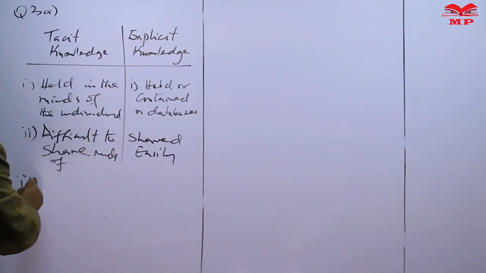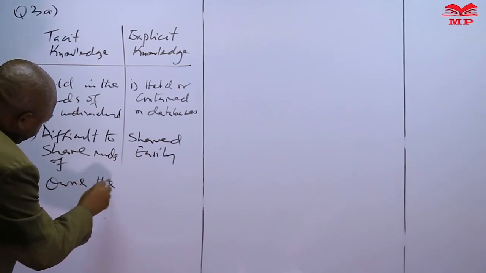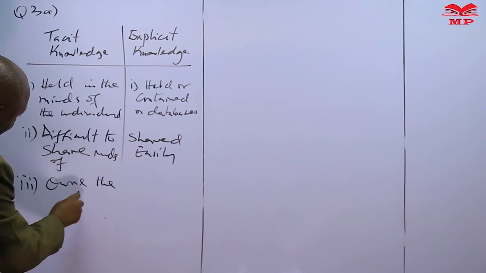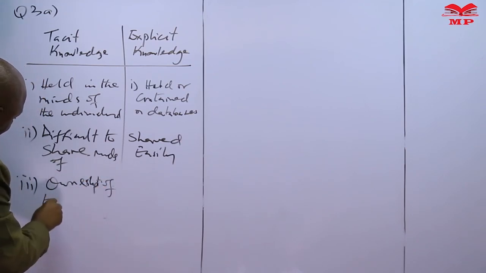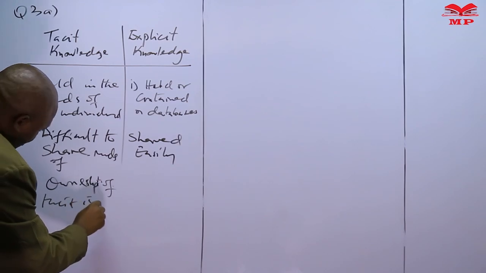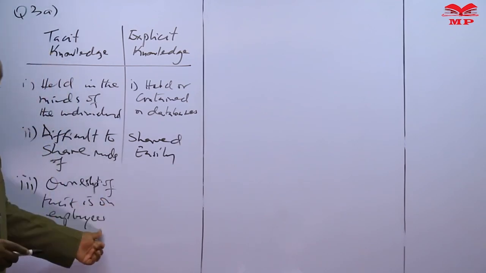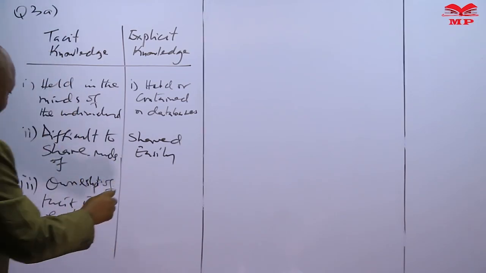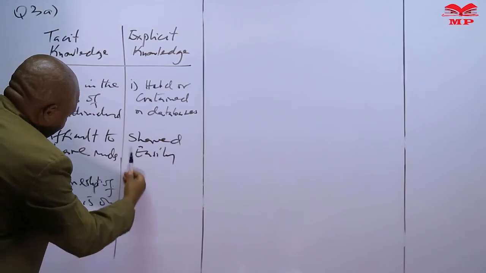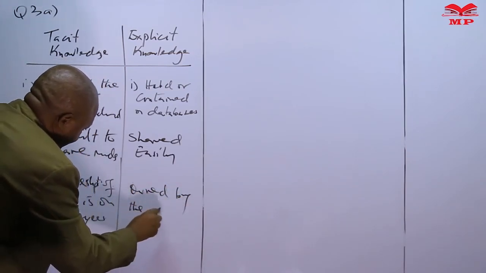Thirdly, ownership. Ownership of tacit knowledge is on employees. Employees own this knowledge and they can either share it or not share it. On the other hand, explicit knowledge within an organizational context is owned by the organization.